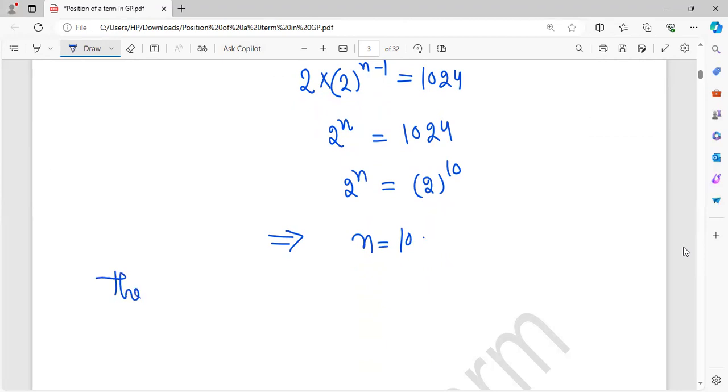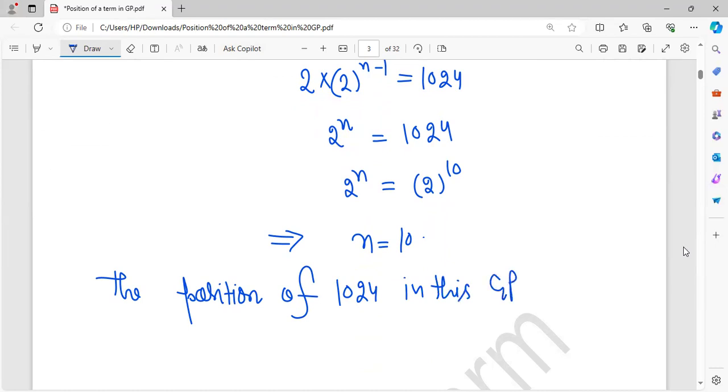The position of 1024 in this GP is at the 10th place. It means it is the 10th term. It is done.